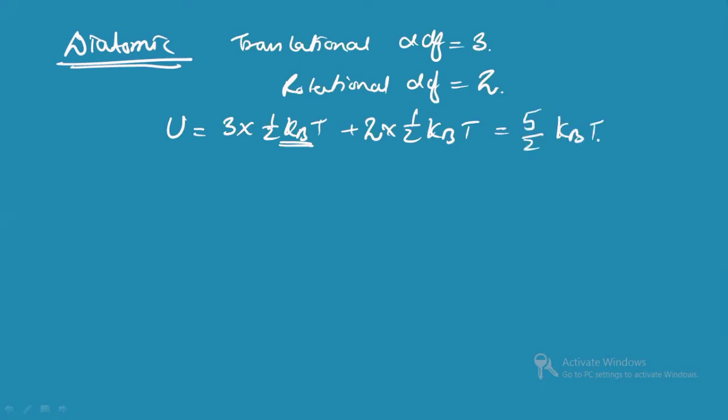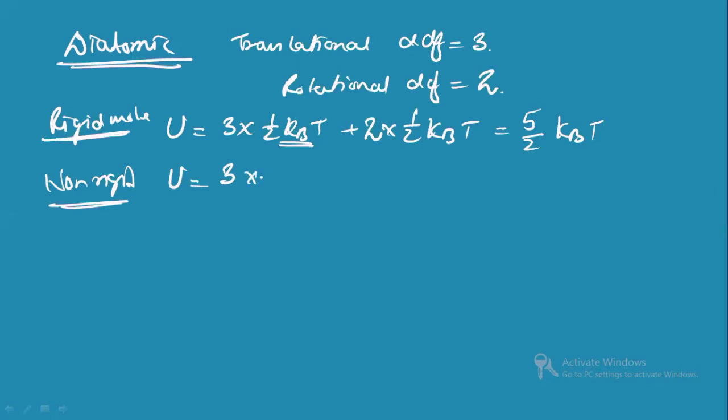Now you see, this is for a rigid molecule. Yes or no? Because diatomic are having what? Rigid and non-rigid both. So this we have calculated for rigid molecule. Right? When we will calculate for non-rigid, what will happen? There will be the vibrational term also. Okay, so the energy U will be 3 into half kBT. This is for translational. 2 into half kBT.